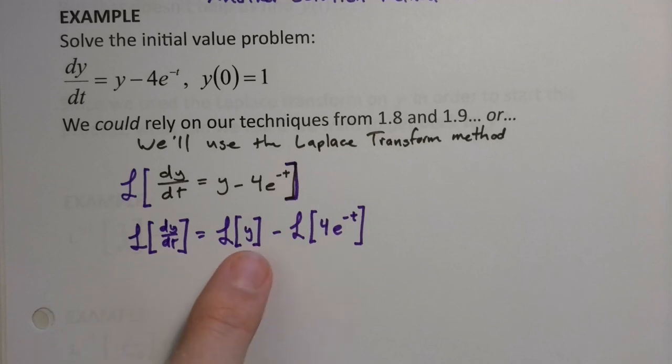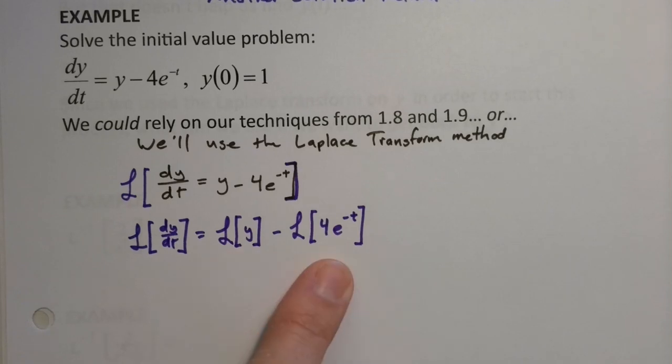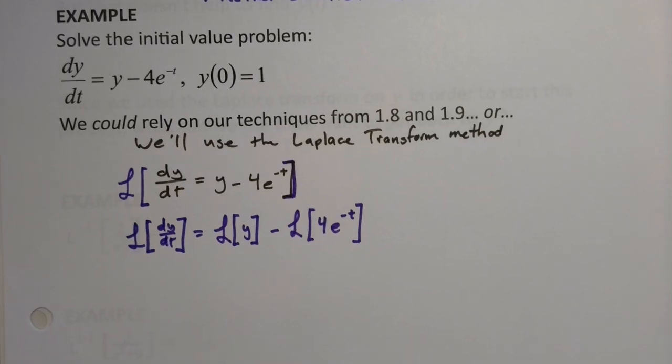The Laplace transform of y of t is just our capital Y of s. That is what we're playing around with. And over here, we've got the Laplace transform of an exponential function. We know how to do each one of these thanks to the table from the previous page.